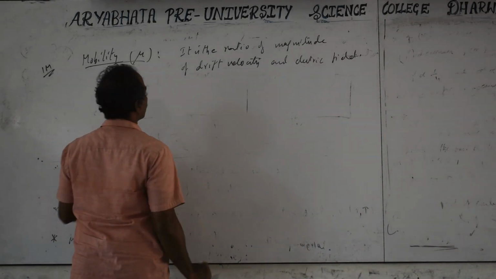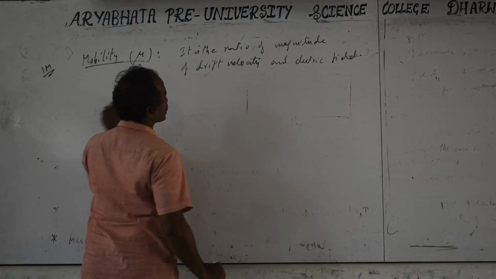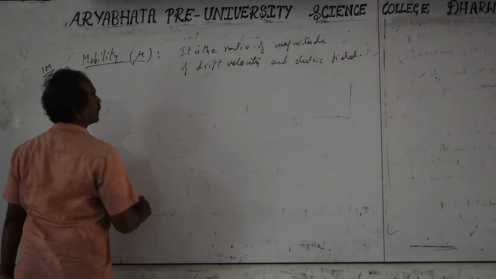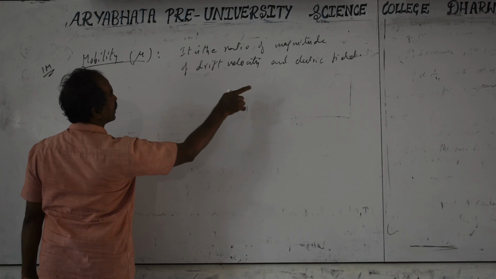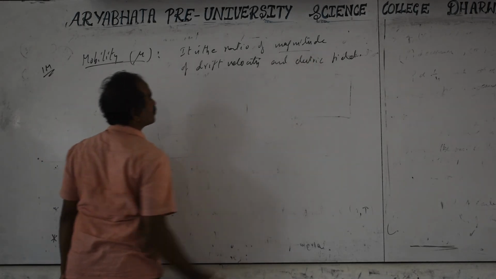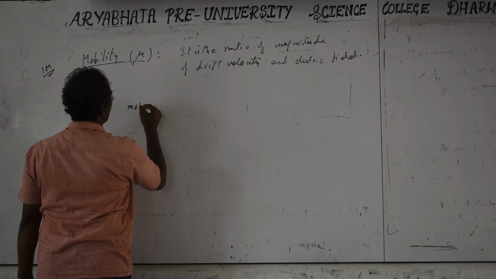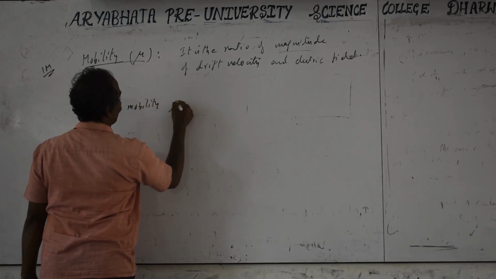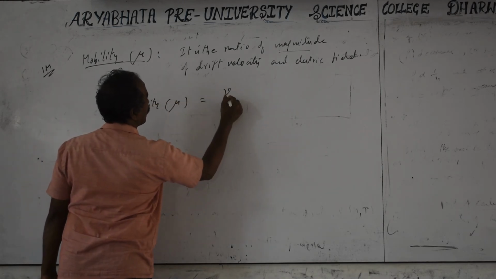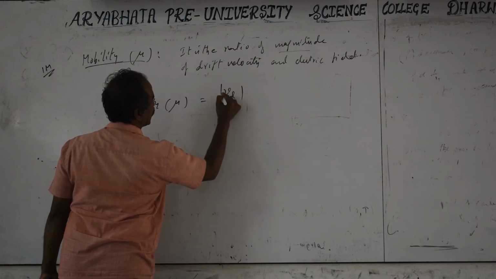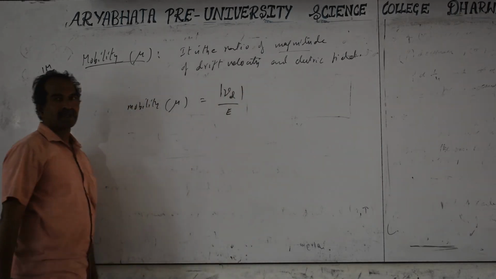Drift velocity means inside the conductor. So mobility is Vd by E. The magnitude you are taking is supposed to be positive. Vd by E is the relationship.